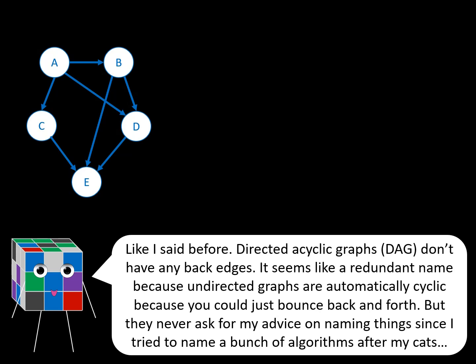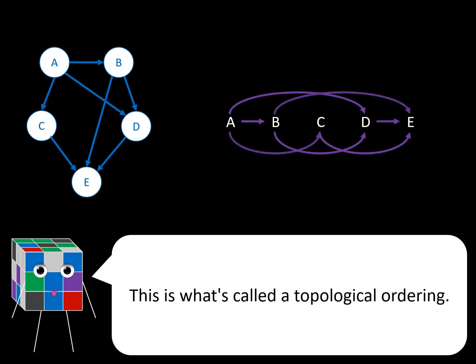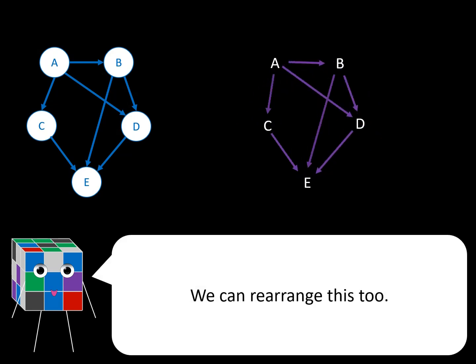It seems like a redundant name because undirected graphs are automatically cyclic, because you could just bounce back and forth. But they never asked for my advice on naming things, since I tried to name a bunch of algorithms after my cats. This is what's called a topological ordering. We can rearrange this too.